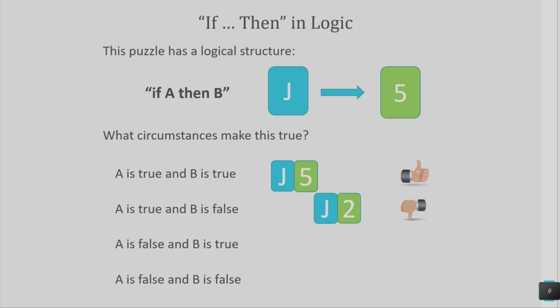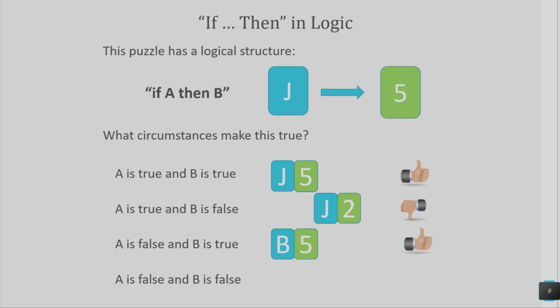Now, what if you have a card with a J on one side and a 2 on the other side? Well, now there is a problem because you were saying that a card with a J must have a 5, but you found a 2. So in this case, you said, no, my assumption that everything with a J has a 5 was not true, and I've disproven my hypothesis.